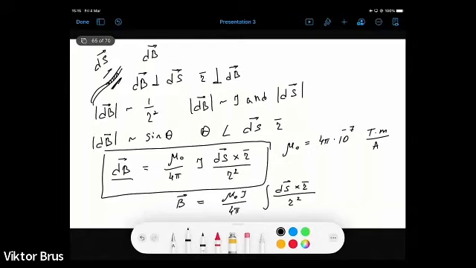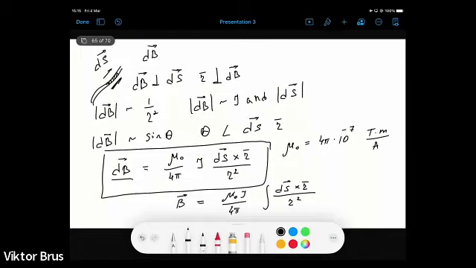So obviously we integrate over the length of the conductor. In other words, we take this integral over the entire current distribution in this arbitrary shape conductor.